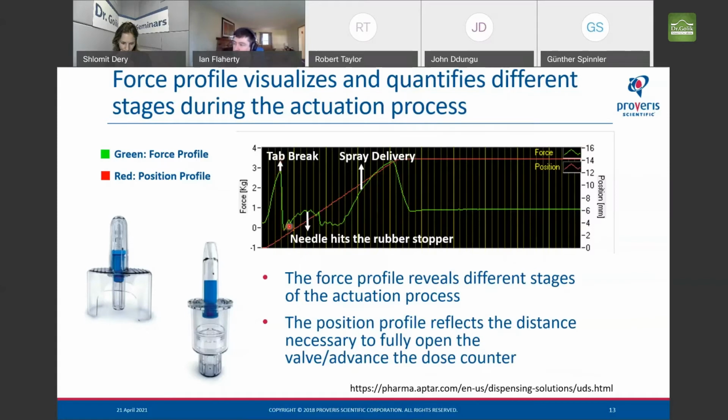And then once that tab's broken, you have the second region where the needle's hitting the rubber stopper, and then you get to your delivery stroke, which is that gradual rise in force right there. So this just shows that for each actuation record, you get the ability to look at this data and start to see trends and be able to overlay different force profiles and find out of specification shots or things like that.